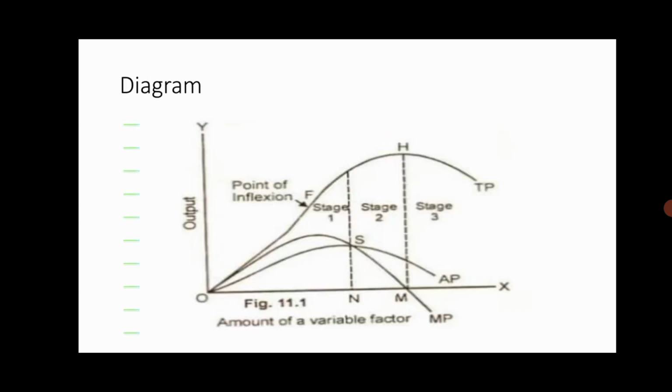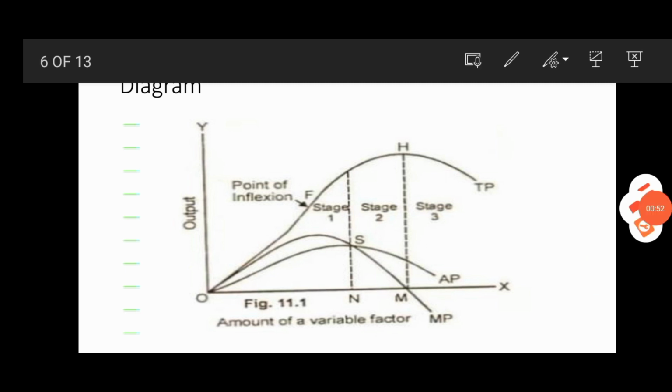So the next concept is diagram. Okay, so here in the diagram we can see that the total product kept on increasing till the second stage. After that it remains constant, and then it starts to diminish.